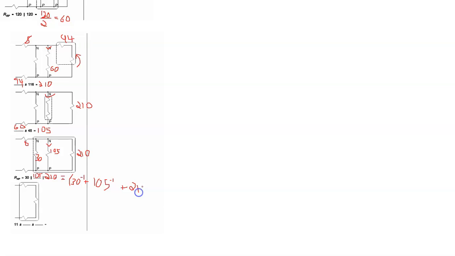And so now that gets into our reciprocal formula, R to the -1. And if we do that, those 3 resistors in parallel are giving us 21 ohms.